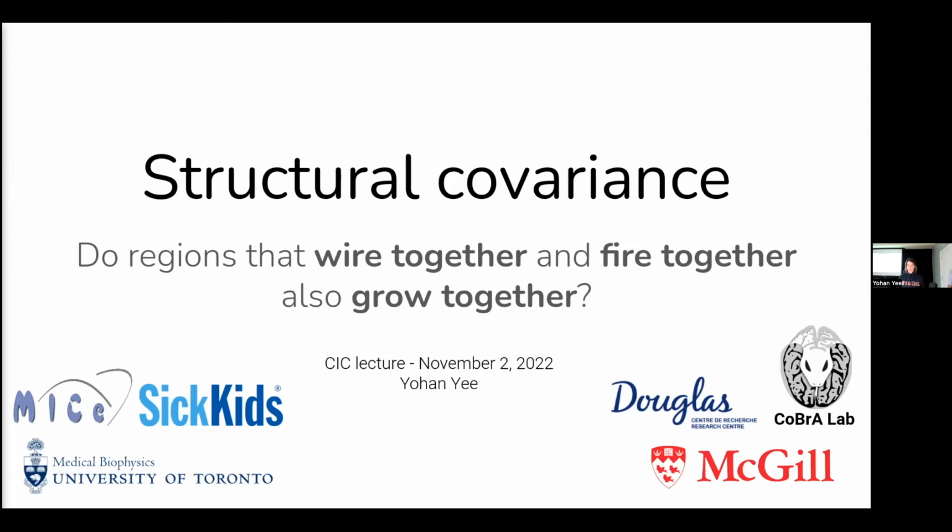So Yohan joined the CoBra lab in 2022 as a postdoctoral fellow after completing his PhD within the Department of Medical Biophysics at the University of Toronto. Prior to that, he completed his undergraduate studies in McMaster University's Integrated Science program with a focus on physics and mathematics.